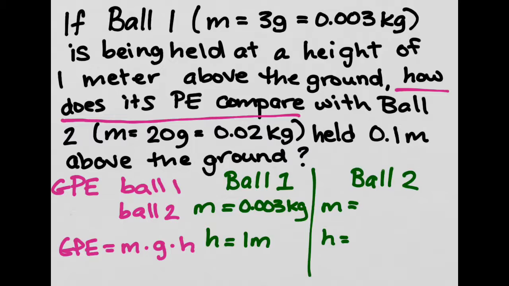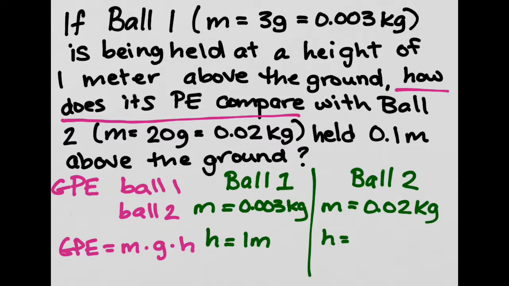The next thing we need to know is the same information for ball 2. Remember that G is going to be a constant of 9.8. So we only need to know the mass and the height of both balls. Well, the mass is going to be 20 grams, but we need to use kilograms. So it's going to be 0.02 kilograms.